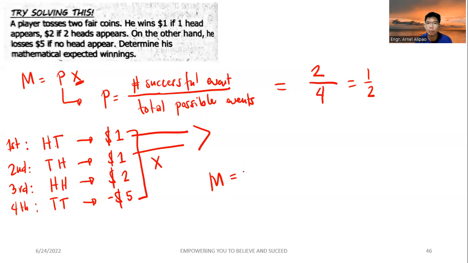So that's going to be the summation of the product of the probability and the price. Okay, so for the first one, the probability for this event is 1/2. We did it here. Okay, so we have 1/2. And what's the price for that? It's $1.